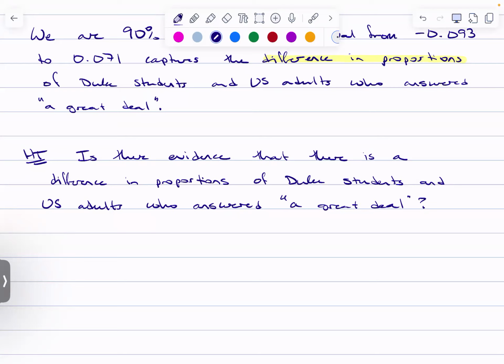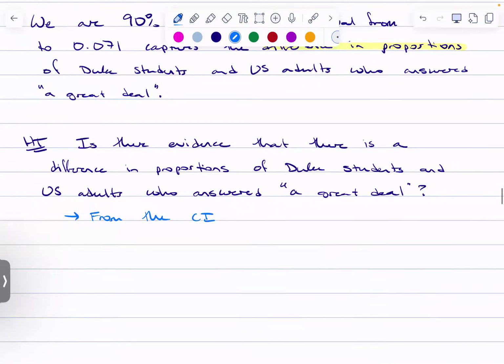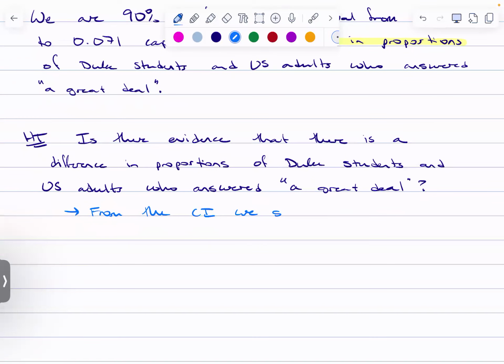We can go with a gut reaction. Okay. From the confidence interval, we saw that 0 is in the interval, so a difference of 0 is a reasonable outcome.